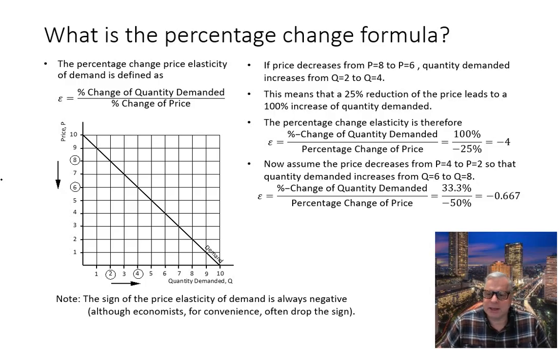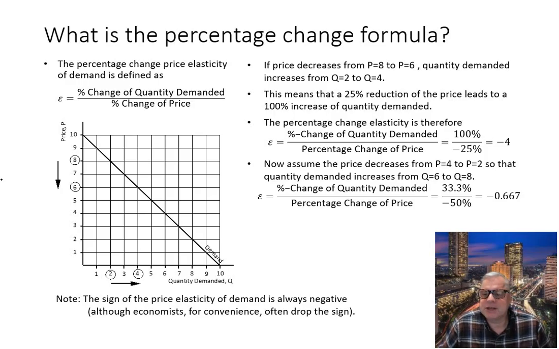If we plug in the values, we have a change in quantity demanded of 100% and a change in the price of negative 25%, so we get an elasticity of negative 4. That is relatively elastic, because you can see that lowering the price by only 25% leads to a doubling of the quantity demanded from 2 to 4.